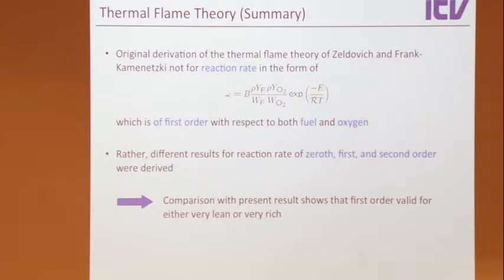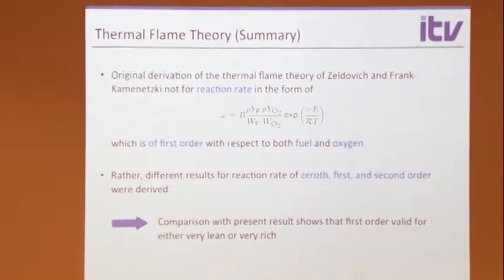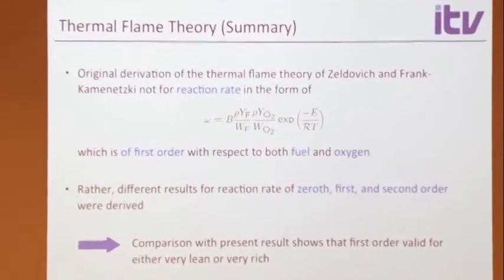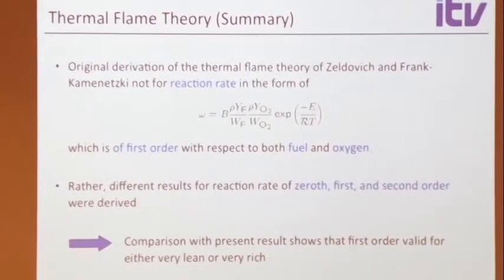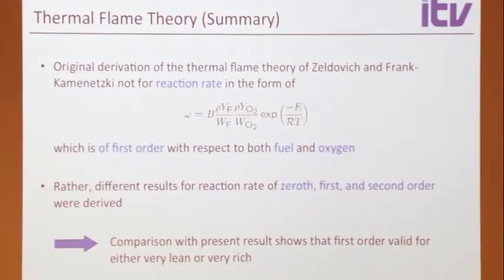What's interesting here in the original derivation, the original derivation was a little different. It was just assuming first order with respect to fuel and oxygen. So this here is first order in fuel and first order in oxygen. The original derivation was done for, and what you see here, it doesn't matter if it's oxygen or fuel, basically it's a T squared. Okay? So the original derivation here said maybe did one that is 0th order, one's first order, one's second order in these quantities.